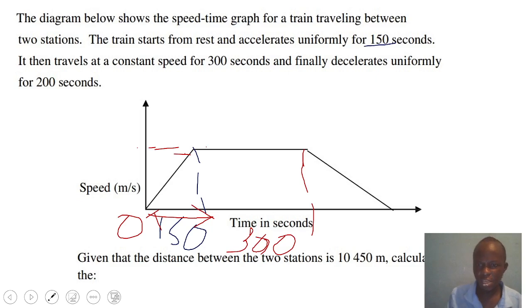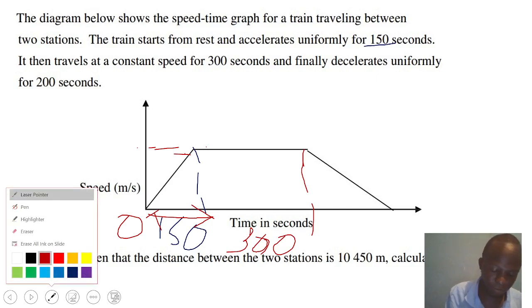Now, in the last 200 seconds, it decelerates, or rather, the speed comes down. It comes down from the uniform speed to 0 speed.